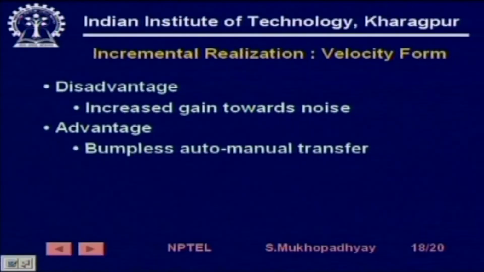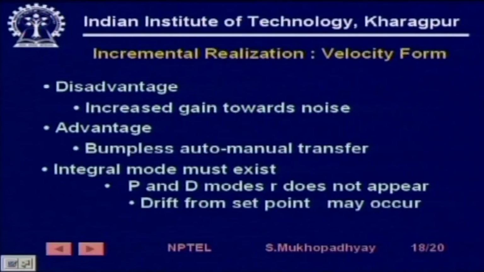So, your sampling interval should be small enough. The advantages, as we have seen, are that it is very simply possible to give bumpless auto manual transfer, and also for some actuators it is what needs to be given.